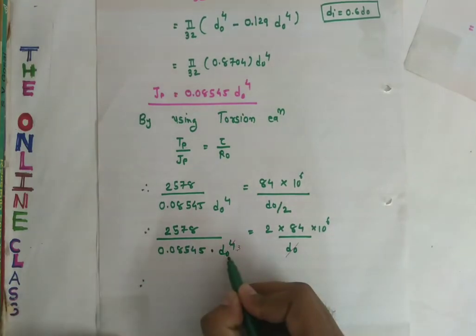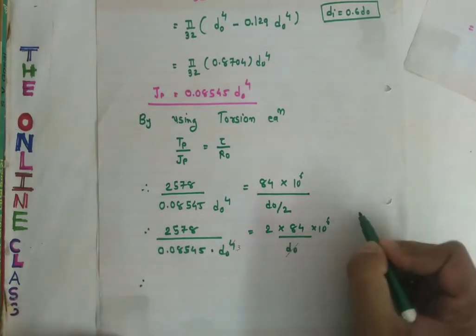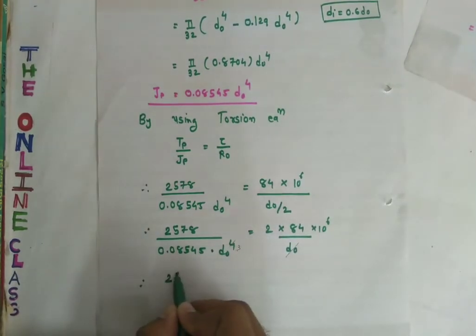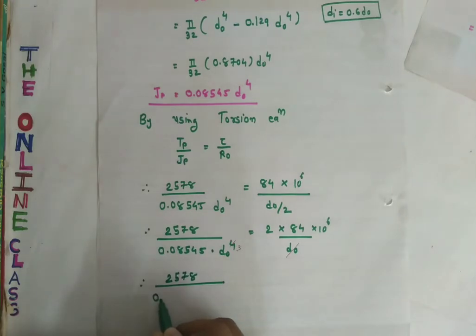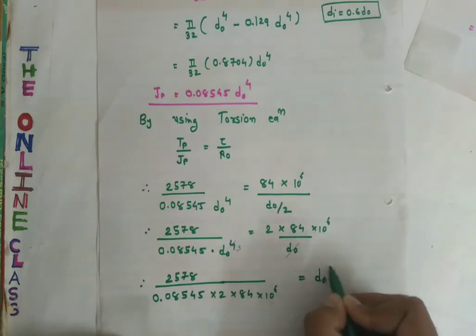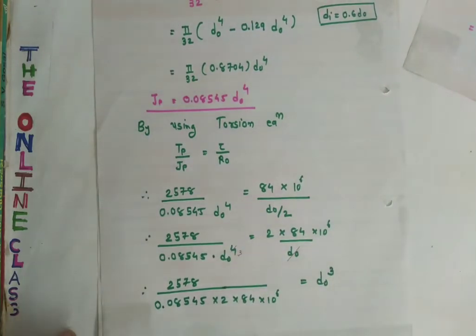Then this DO raised to 3 goes to the right side. So put the value: 2578 divided by 0.08545 into 2 into 84 into 10 raised to 6 is equal to DO raised to 3.